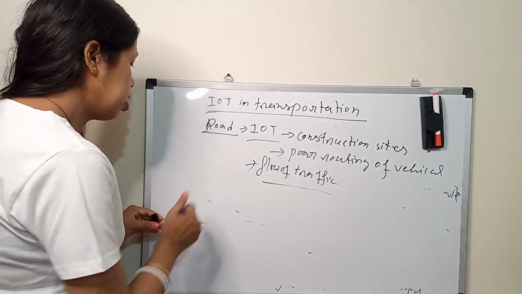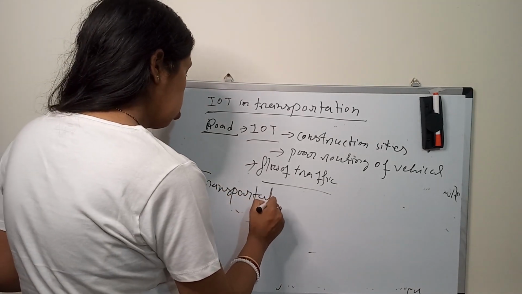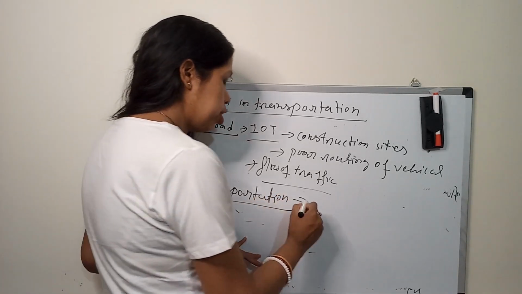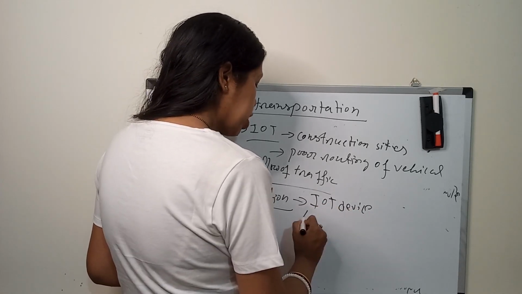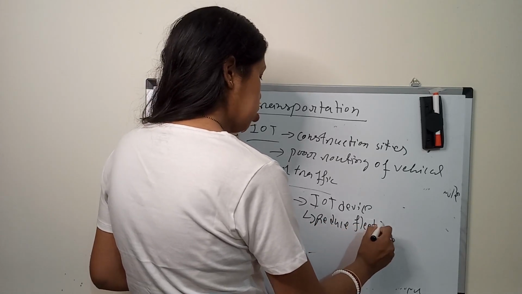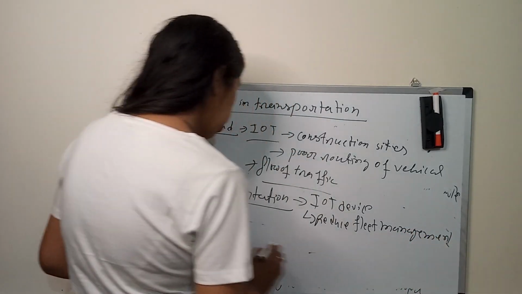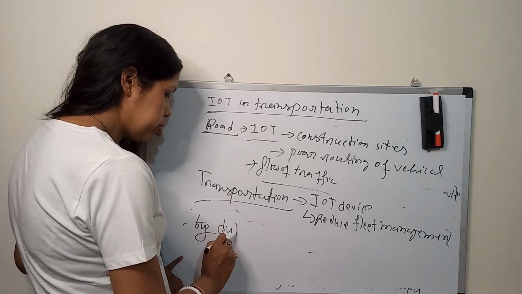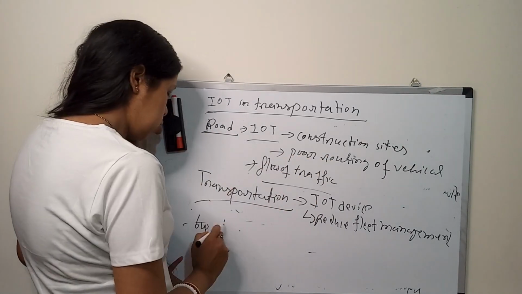And next is the transportation. In the case of transportation, if we design the IoT device for transportation, it can reduce fleet management costs. How can it reduce?